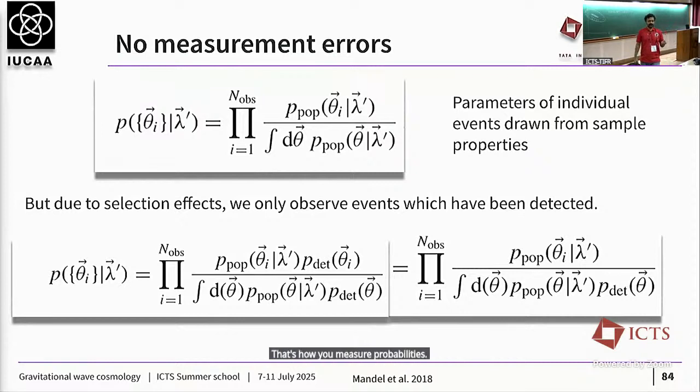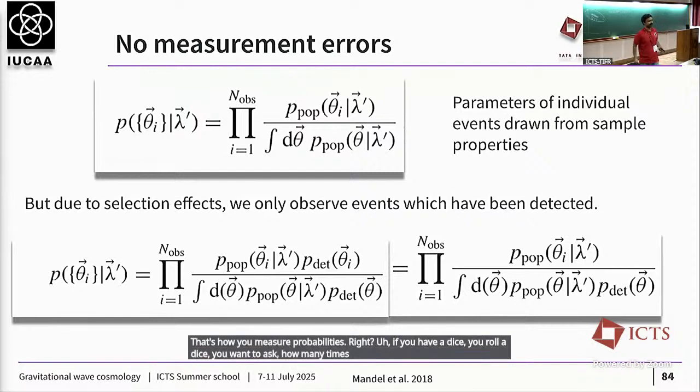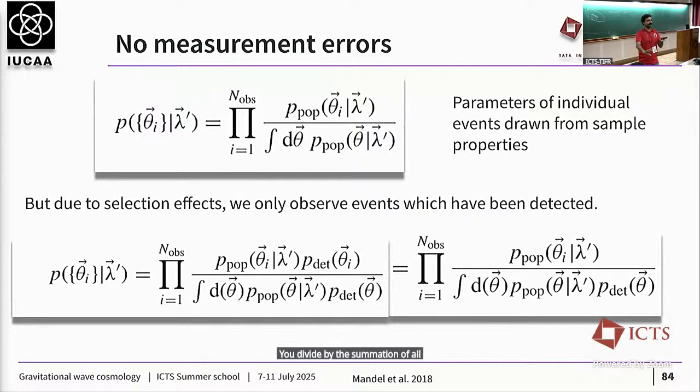If you roll a dice and you want to ask how many times will I get one, you divide by the summation of all possible values. In a dice, you can have 6 different possibilities, so 6 goes in the denominator. That's the denominator here: all possible values of theta that you are integrating over. And then this is the probability of a particular theta that you have.